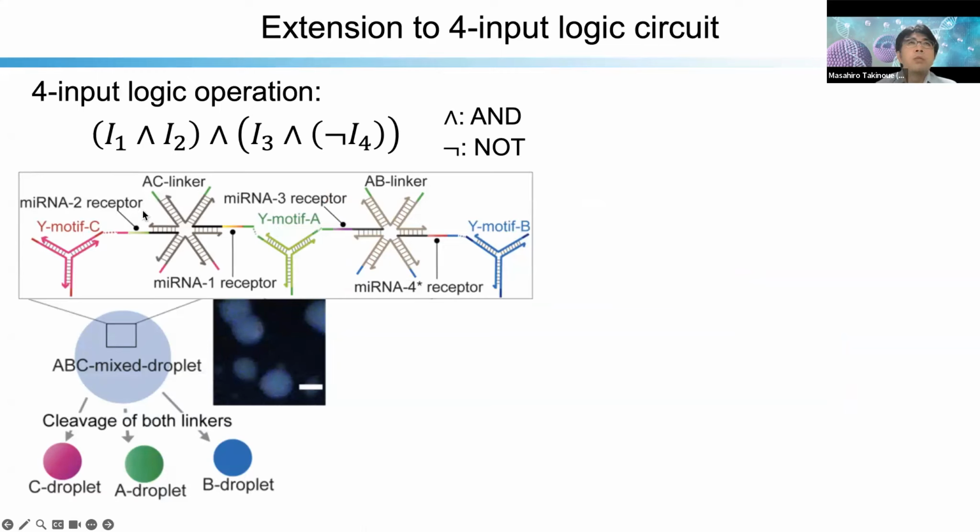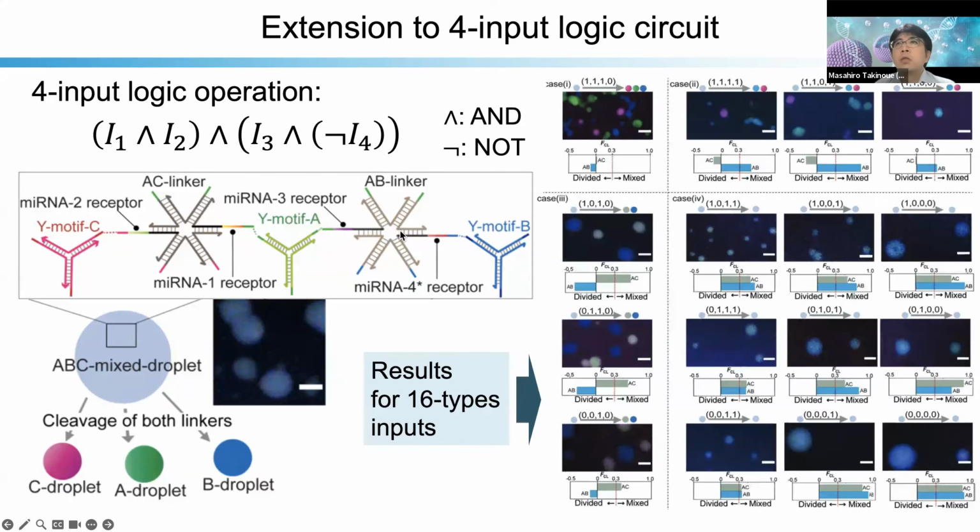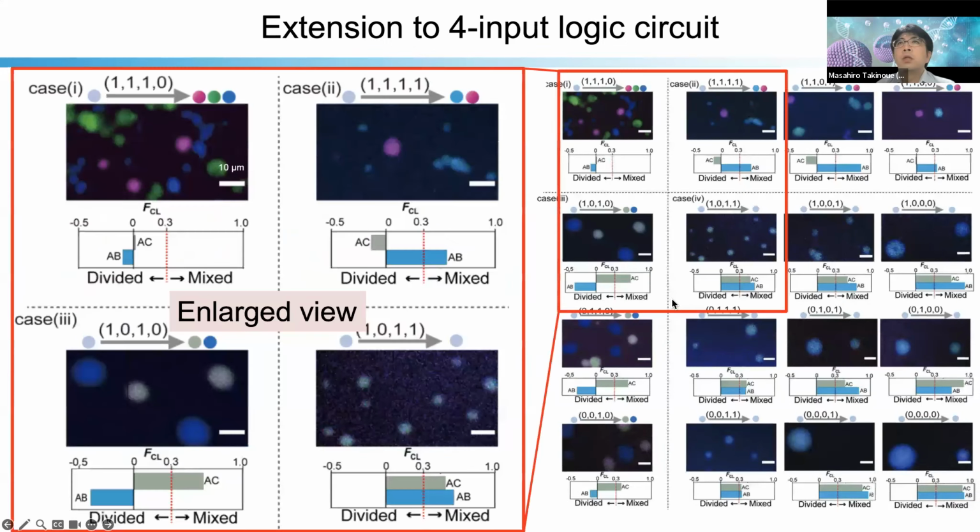The first 2 inputs cleave this one, and if one of these inputs is introduced and the second one is not introduced, this linker is divided. So this is the result, and this is the enlarged view. If the input is 1, 1, 1, 0, we have 3 divided DNA droplets like this. So it means that we can successfully construct a more complex logic circuit using the DNA droplet systems.